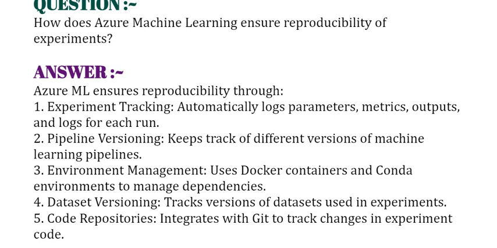Keeps track of different versions of machine learning pipelines. Environment management. Use Docker containers and Conda environments to manage dependencies. Data versioning. Tracks versions of datasets used in experiments. Code repositories. Integrate with Git to track changes in experiment code.